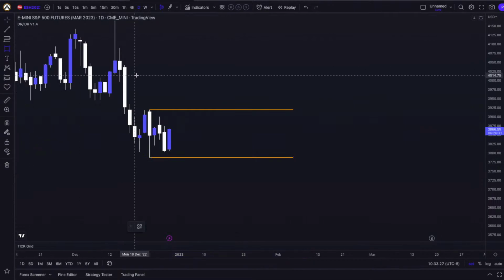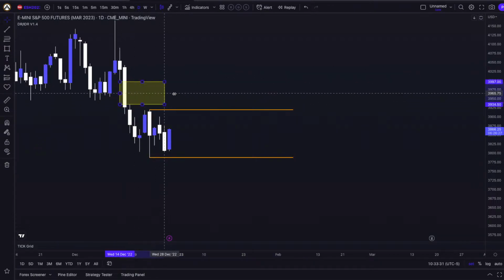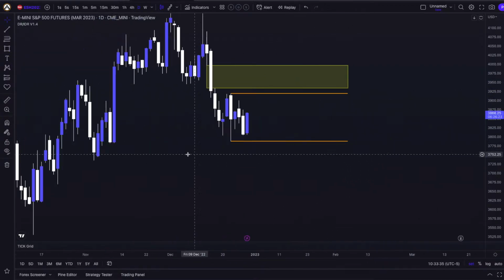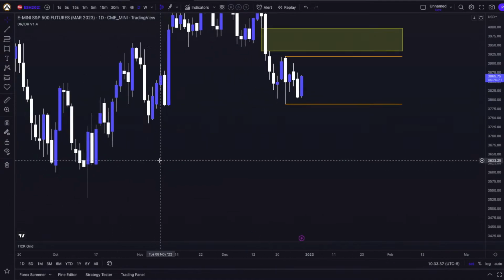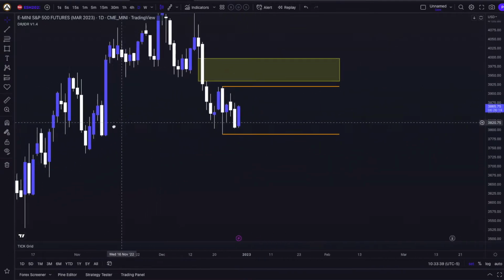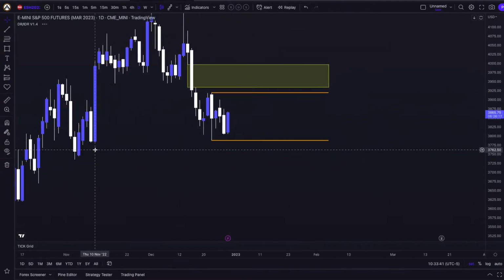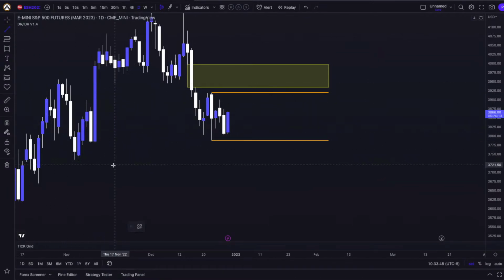On a daily time frame, we still have a fair value gap from here to here. So we can draw this also onto our chart until it's filled. And below, we don't have any fair value gaps or volume imbalances that we would like to see filled. I'd say the next area of major liquidity would be below this low, which is basically lining up with this low.